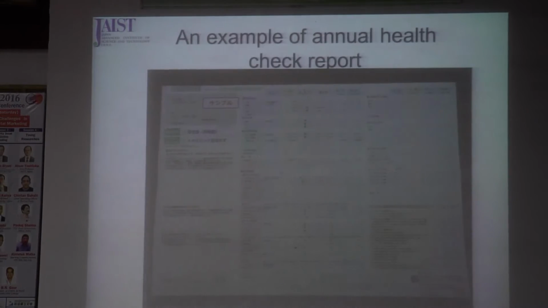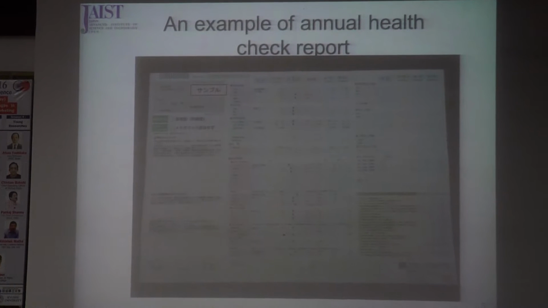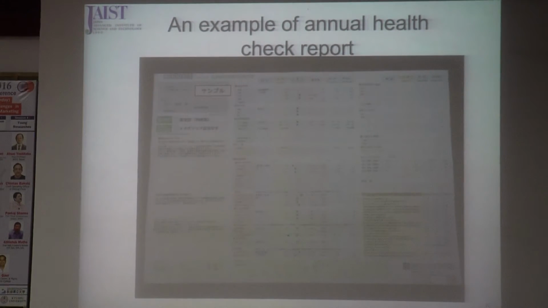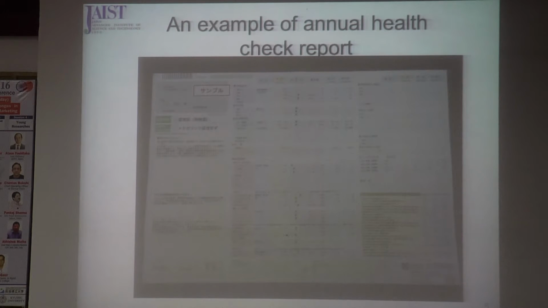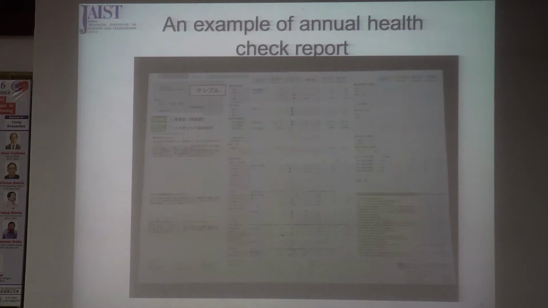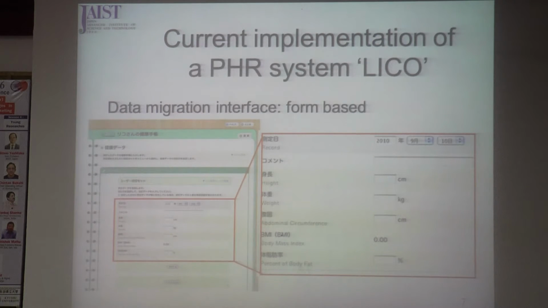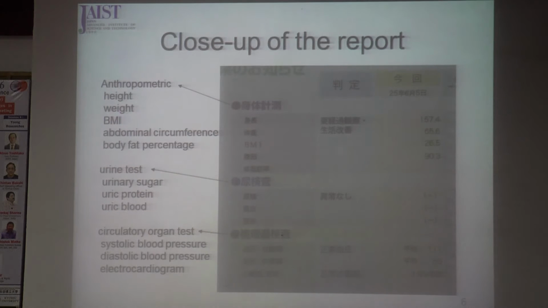But this record is distributed in the form of printed paper to each of the employees. This is a problem because just after taking a look at the report, we will forget about it and throw it away.